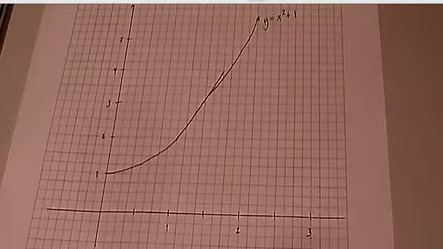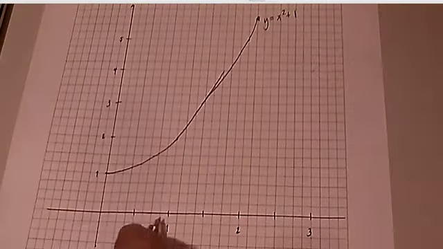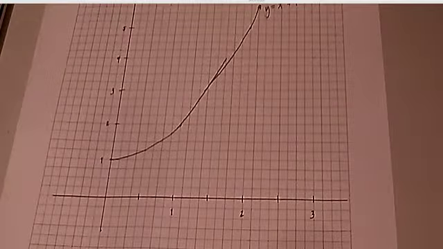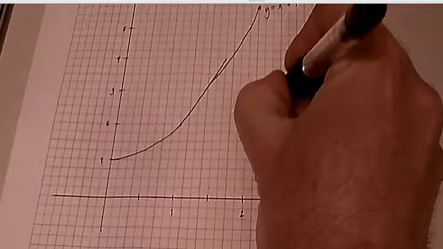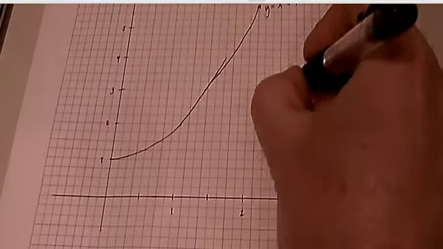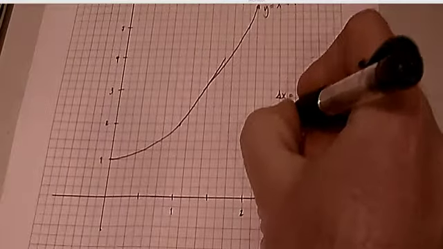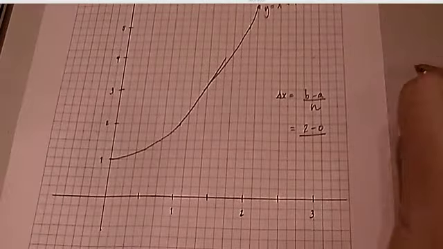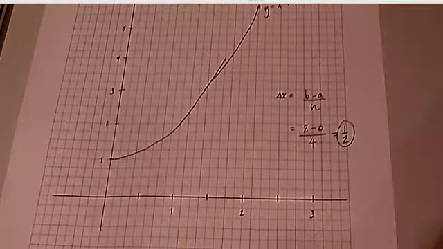Again, I think it's a good idea to go ahead and draw it. Now we know that if we're looking at 4 subintervals and we're going over 0 to 2, I know that delta x, and remember this is something that I introduced last time, b minus a over n, which is basically just saying it's the width of the interval divided by the number of subintervals gives you the width of each subinterval.